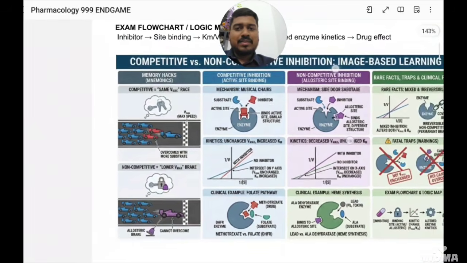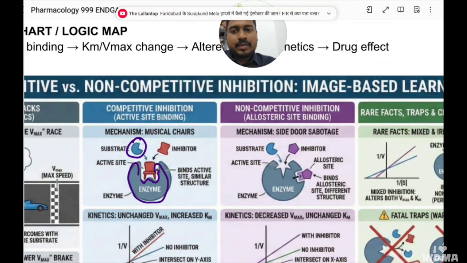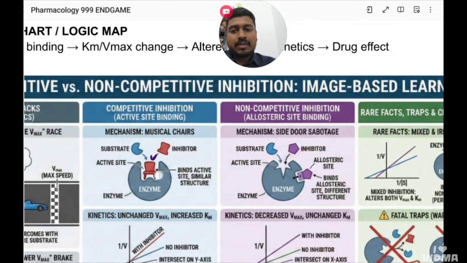Remember, we'll see the basic things first: what is competitive and what is non-competitive. Competitive means if this is the enzyme with its substrate binding site, and this is the substrate, the substrate is supposed to bind here, but some other compound, the inhibitor, binds to the same site. If the same site is used, it is competitive because the inhibitor is competing with the substrate.